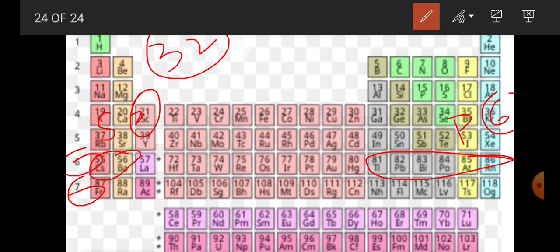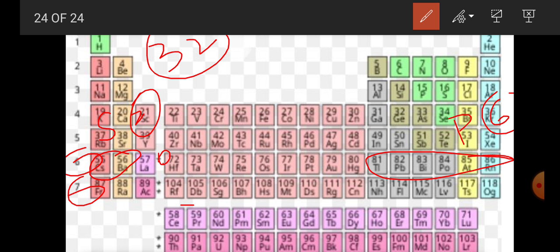Then you can see on your screen the star at 57, and then 58, at the bottom of the periodic table, which is cerium.